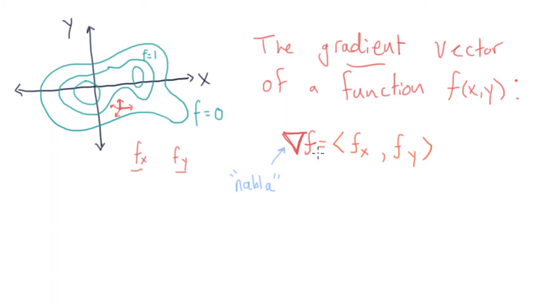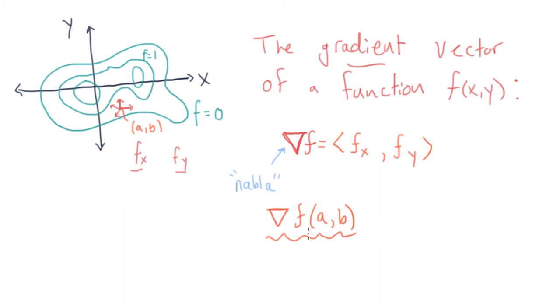But when it does exist, I can evaluate. So if this is some point (a, b), well then I can talk about the gradient of the function evaluated at the point (a, b). And so what is this? Here it is. Here's the definition. So I just put the partial derivative with respect to x in the x component, partial derivative with respect to y in the y component.